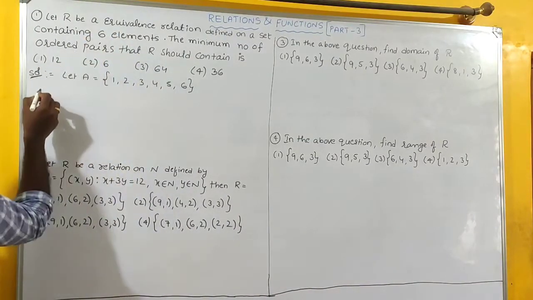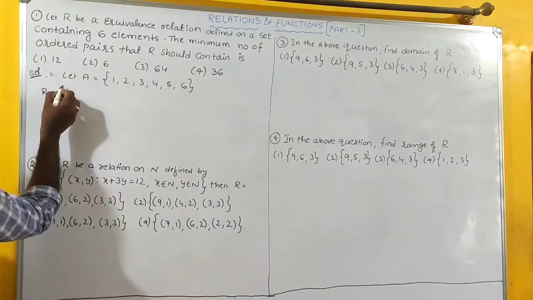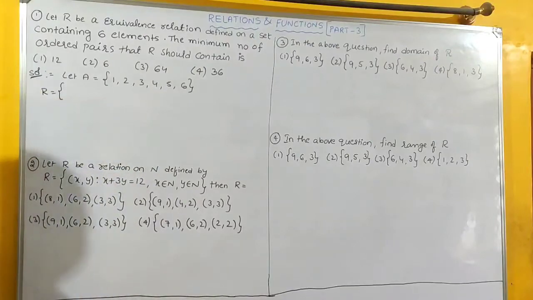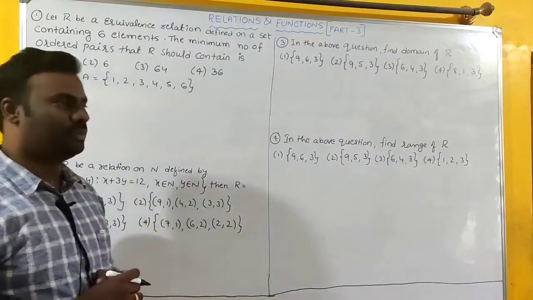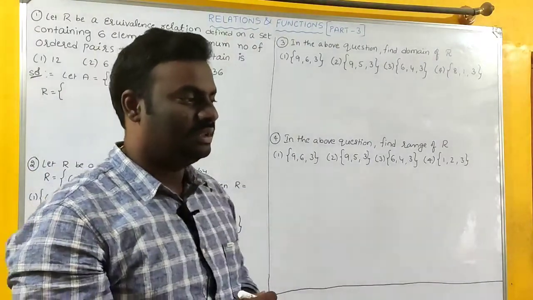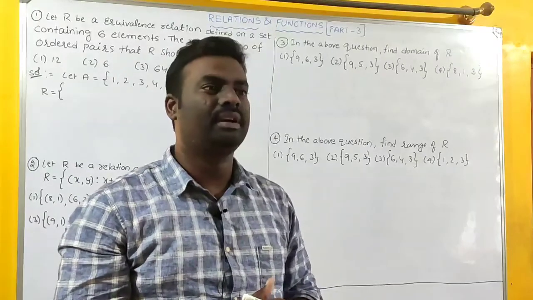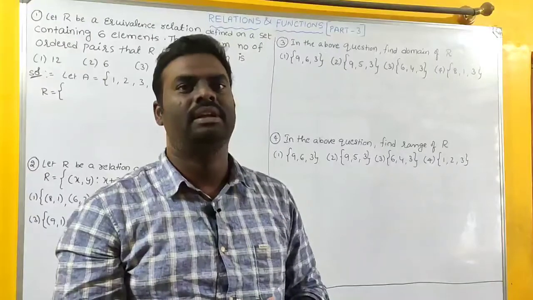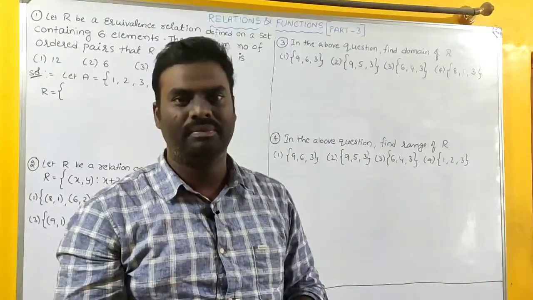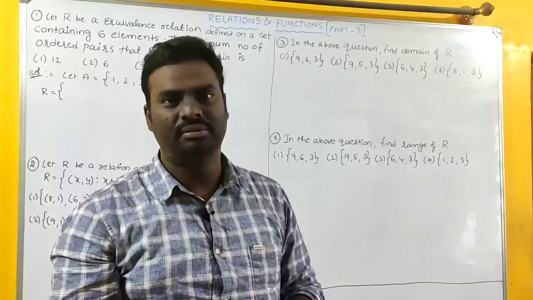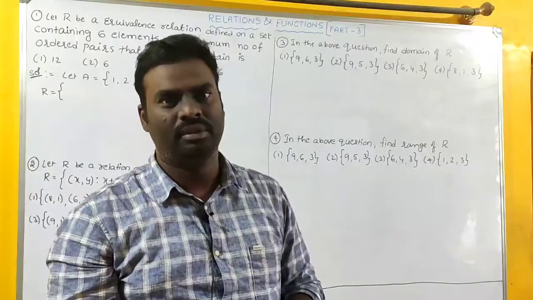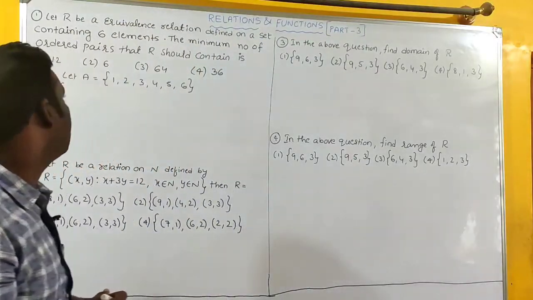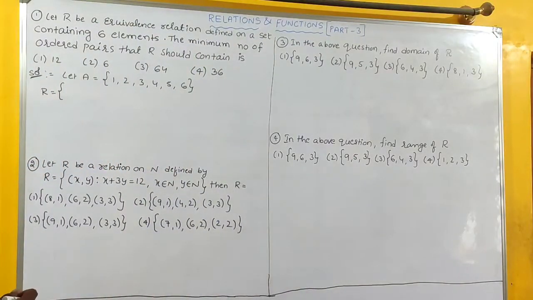Now it is an equivalence relation; in the sense that it satisfies the reflexive property, next the symmetric property, next the transitive property. Now, how many ordered pairs should R have?